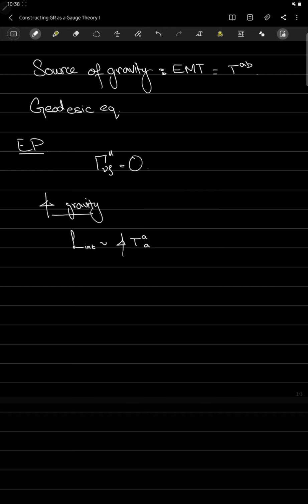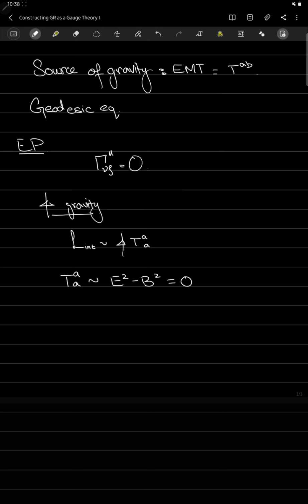Now, if you recall from your course on electrodynamics, for an electromagnetic field I can write this as E squared minus B squared, but we know that this trace is 0.